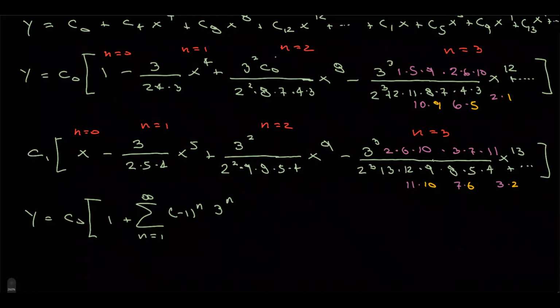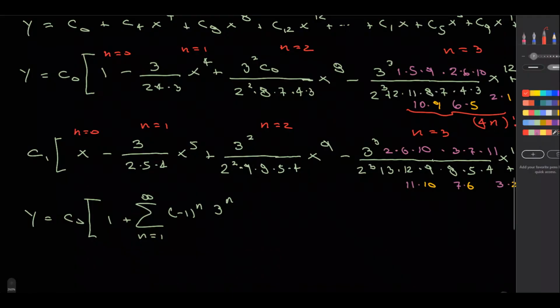So notice how the powers of 2 and 3 coincide with the number of the term that we are expanding here. However, the exponents of x, the powers of x, are 4 times that n. And also that factorial that we see in the denominator, that's a 4n factorial. That same 4n, which is the same 4n in the exponent, is also the factorial.